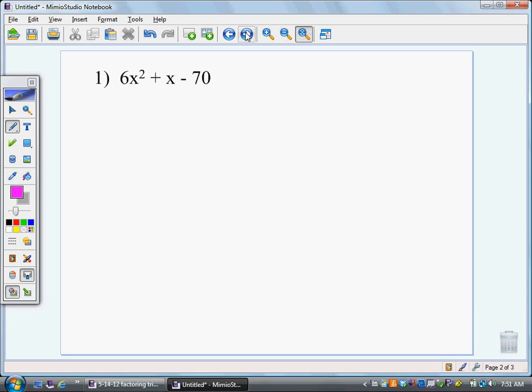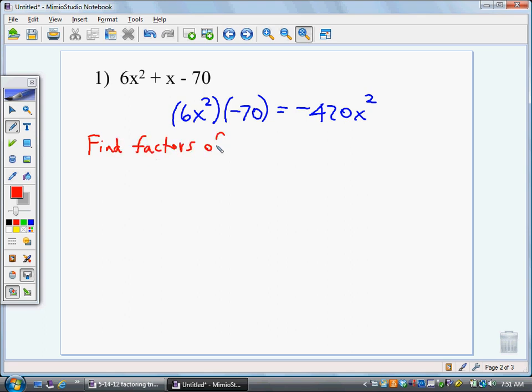Here's a second problem. Again, multiply the first and the last. 6x squared times negative 70. And find your 2 factors that will sum to 1x. And those are going to be 21x and negative 20x.